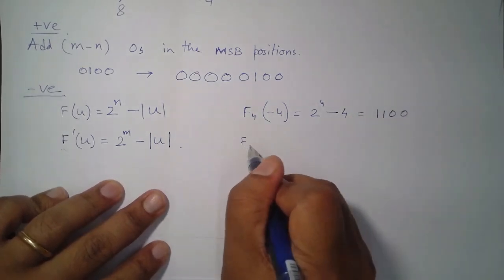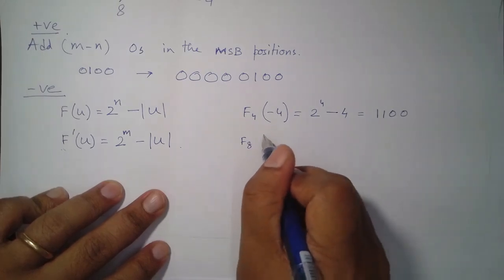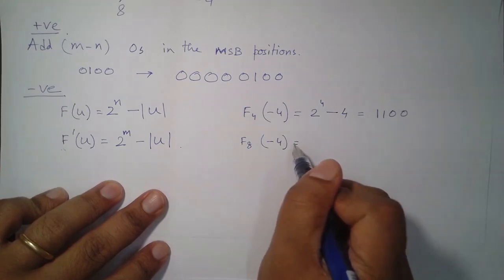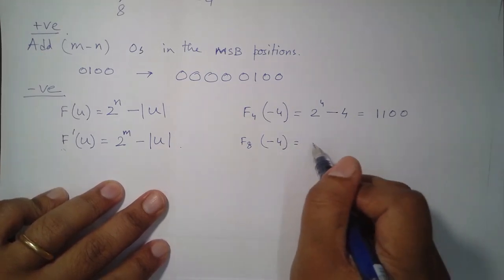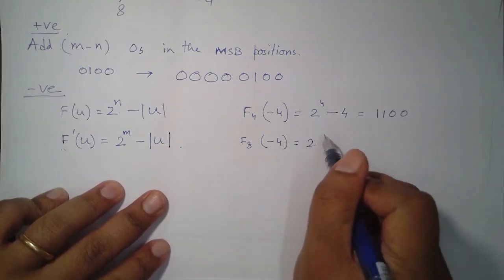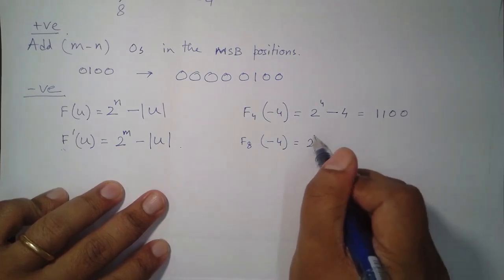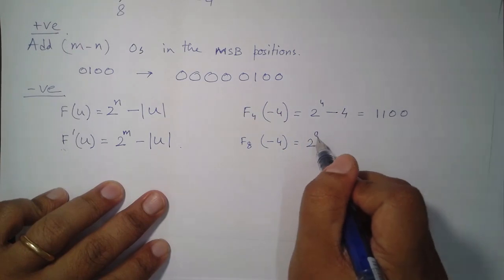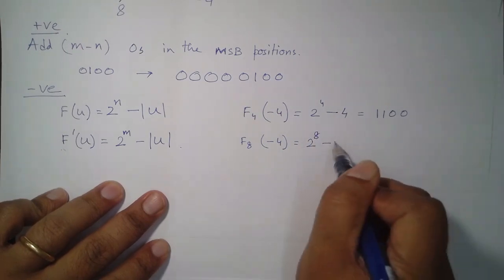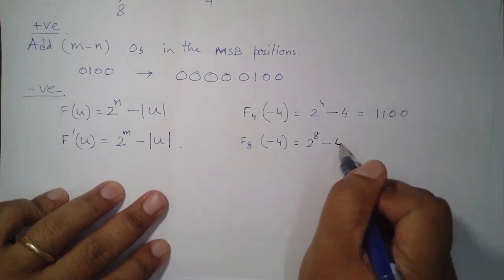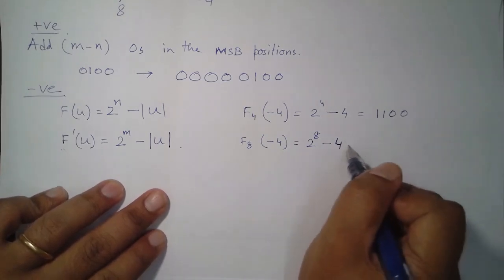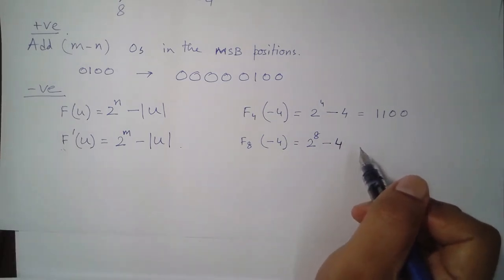I want to represent the same number in 8 bits. So, in the same way, it will be basically 2 to the power 8 minus 4. Now what is this 2 to the power 8 minus 4?